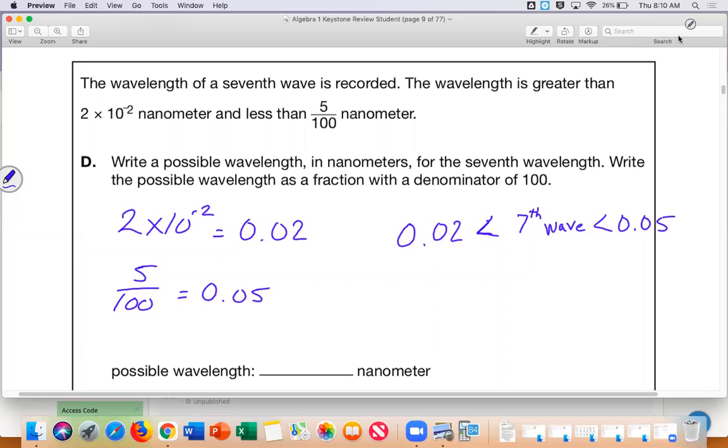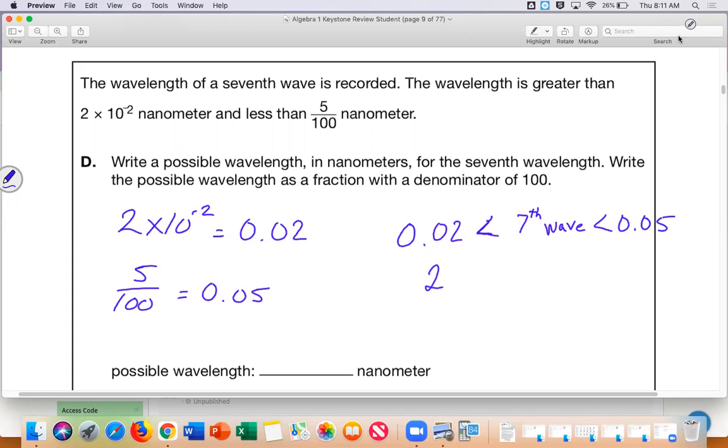Make sense? Now it says denominator of 100, right? So can you take your calculator? Can you type in 0.02? Can you hit math, enter, enter? You got 1 over 50?